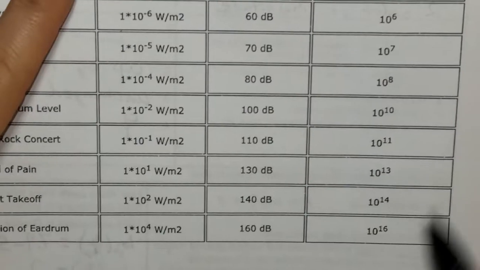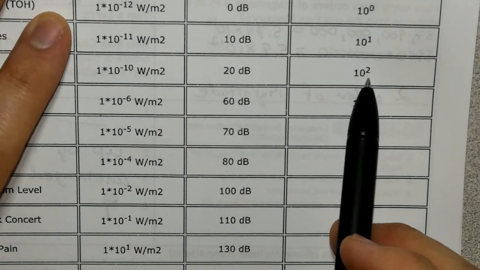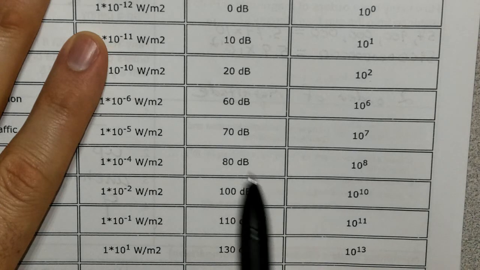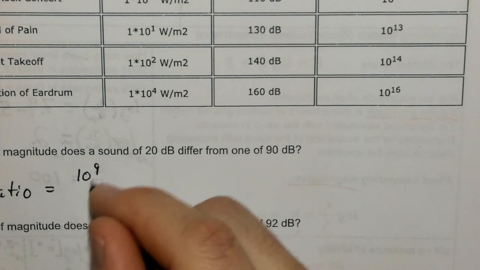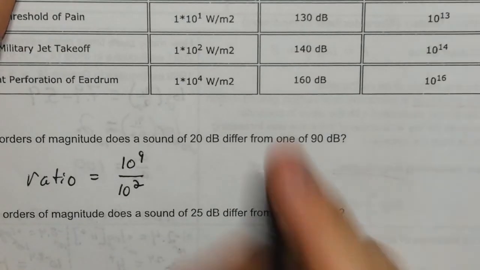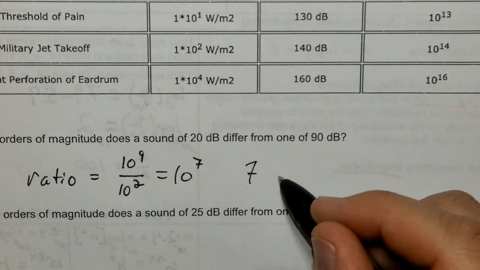So at 20 decibels, you see that it's 10 to the second power. And at 90 decibels, it is 10 to the 9. So you take 10 to the 9 over 10 to the second. You get 10 to the 7th, and so yeah, that'd be 7 orders of magnitude.